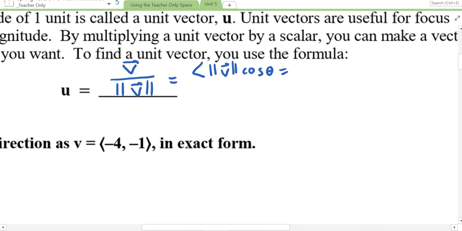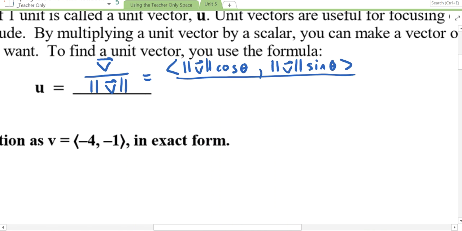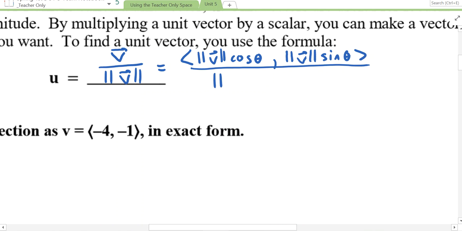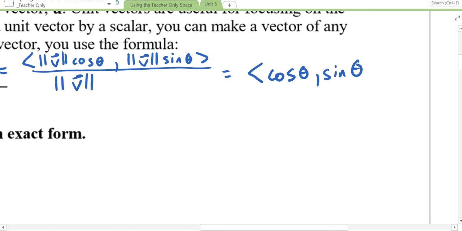And it is the magnitude of the vector v times the sine of the angle. Remember we did that? And then you just divide by the magnitude. As you can see, when you divide each component by the magnitude, what does this simplify down to? It just simplifies down to cosine of the angle, sine of the angle.